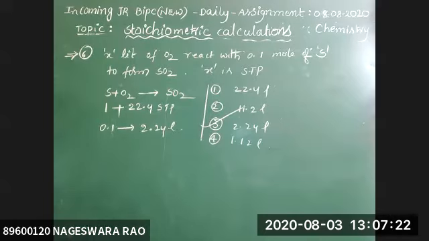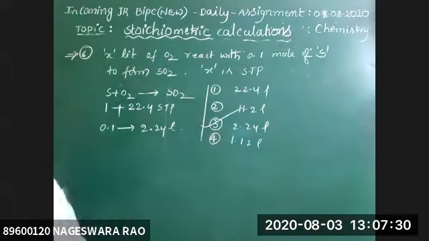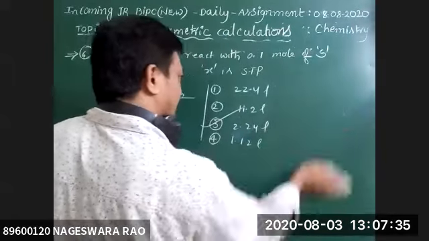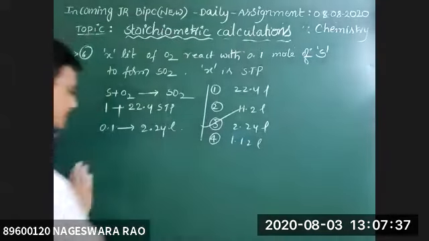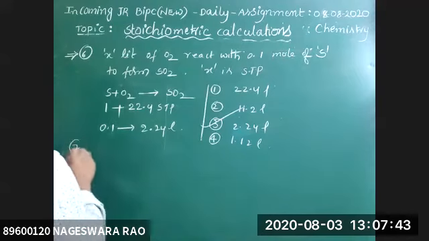Next, question number 7. Question number 7 is very, very important in stoichiometric calculations, very useful for you. Don't miss it. 7.